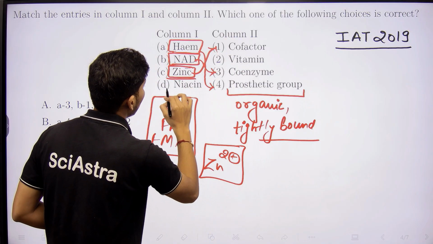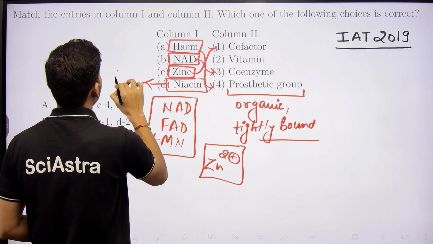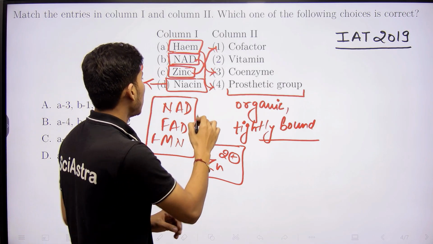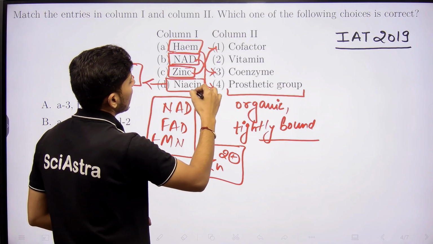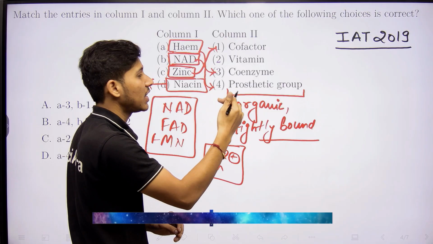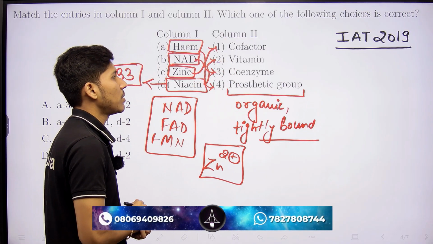Now next thing, niacin, it's the other name of vitamin B3. Deficiency of B3 causes pellagra. So this niacin is actually a part of a complex enzyme known as B3. So that's why it matches with option number 2.